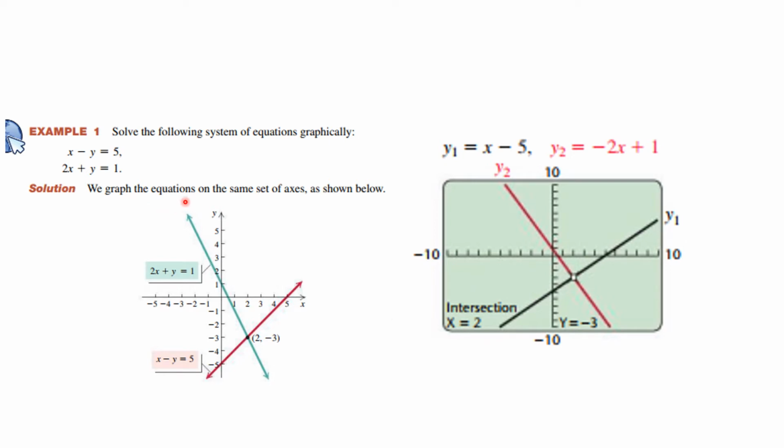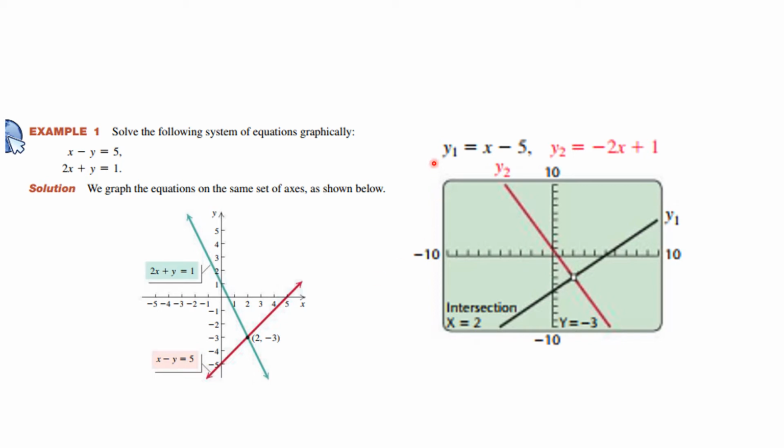Let's look at another example. Here are two linear equations for us to solve. So we graph both of them. We graph the second one, that is this green color, and we graph the first one, which is this red color, and we see that they intersect at (2, -3), just as we spoke about before.